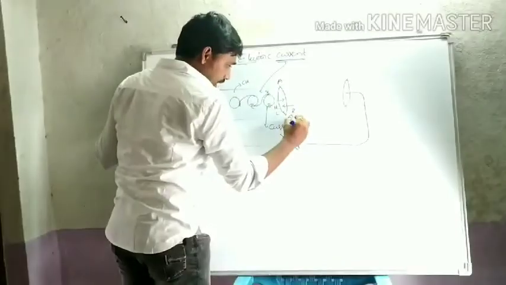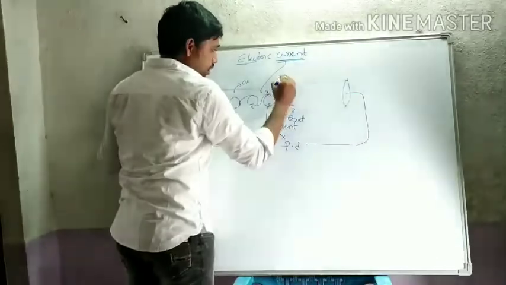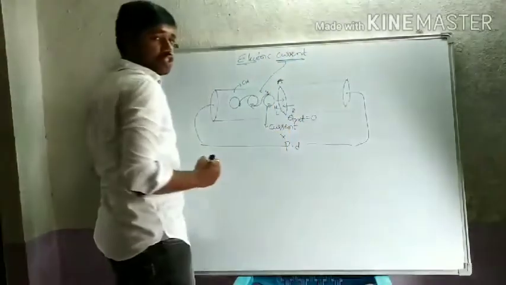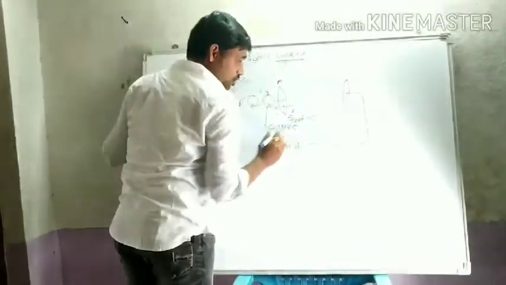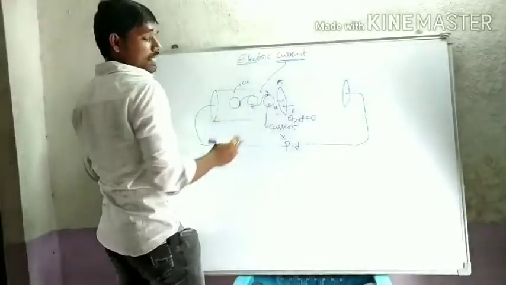So the net charge flowing through the cross-section area A is equal to 0. If the net charge is equal to 0, then the current flowing through the conductor is 0.